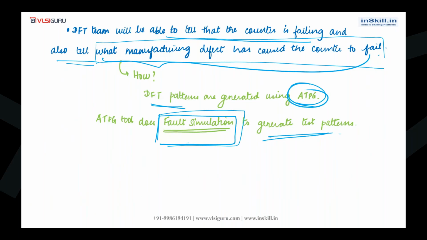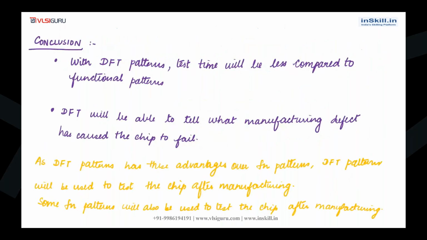Okay, so we'll just have a summary over here. The conclusion is, with DFT patterns, test time will be less compared to the functional patterns. As we saw in the previous example, the functional verification team took more than 1000 clock pulses to tell that the counter is failing, whereas the DFT team was able to tell that the counter is failing in approximately the range of 100 clock pulses, somewhere around 80, 90, 100, 120.